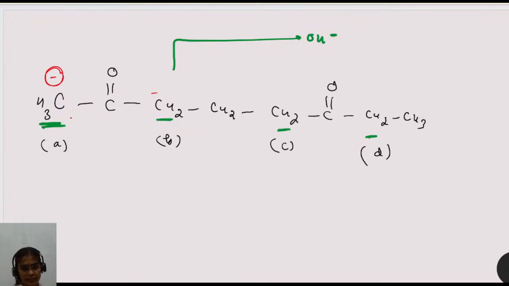Count one carbon, two, three, four, five, and six carbon. It means I start with carbon A, so we are getting a six member ring.